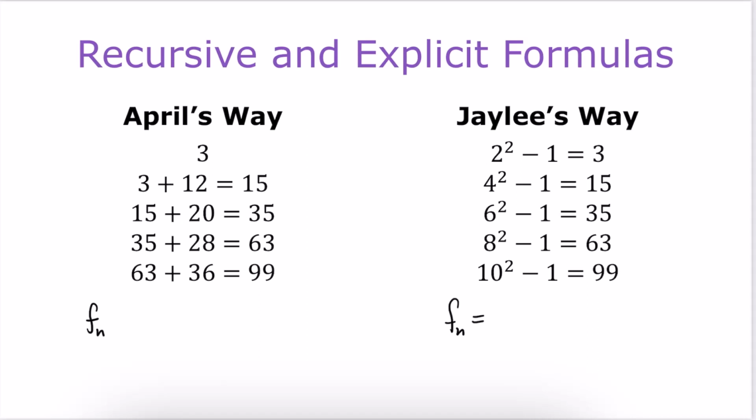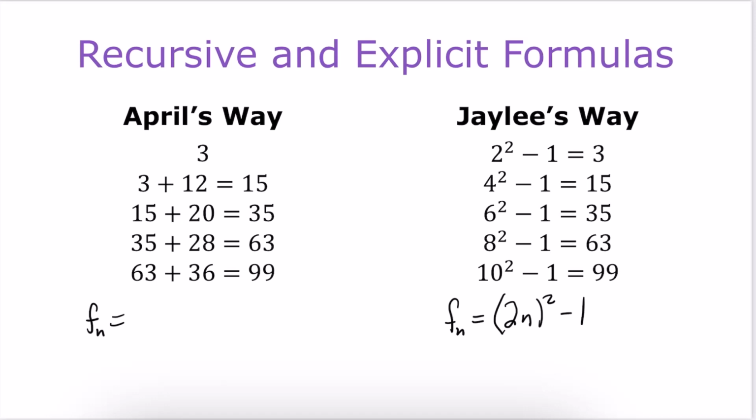In my case, the nth term is always equal to 2 times the term number, squared, minus 1. I talked a little more in detail about this in the equivalence formula video, so if you want to, you can go back and review that.